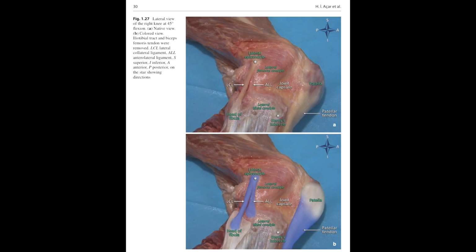Its function is to provide rotational stability, particularly resisting internal rotation of the tibia. Clinically, the anterolateral ligament has been linked to the pivot shift phenomenon seen in anterior cruciate ligament, ACL, deficient knees. Many researchers believe that injury to both the anterior cruciate ligament and the anterolateral ligament explains the severe rotational instability seen in some patients.